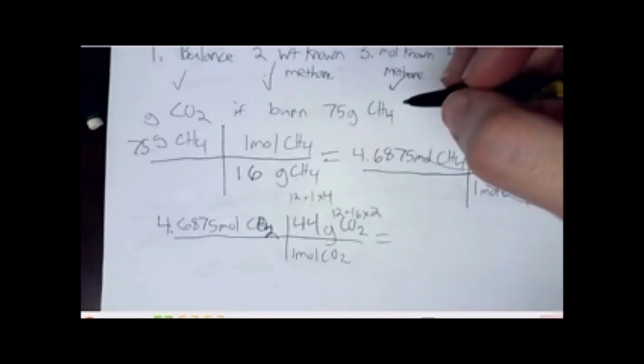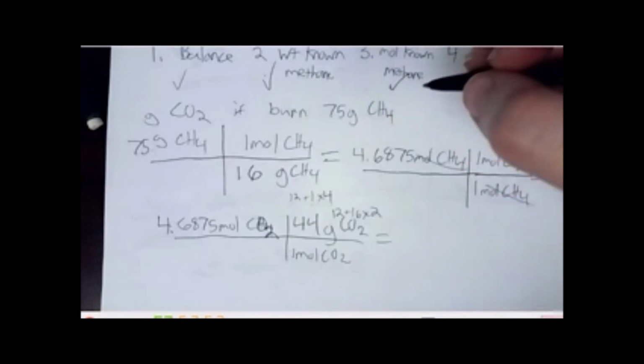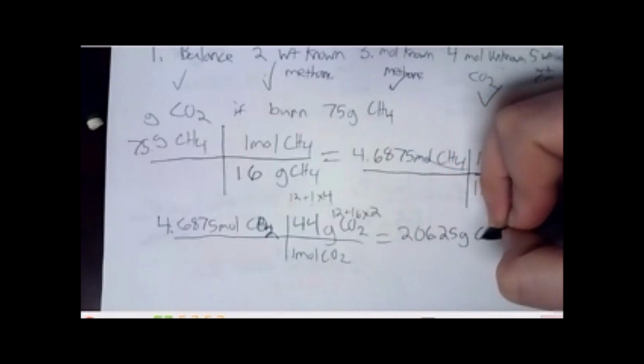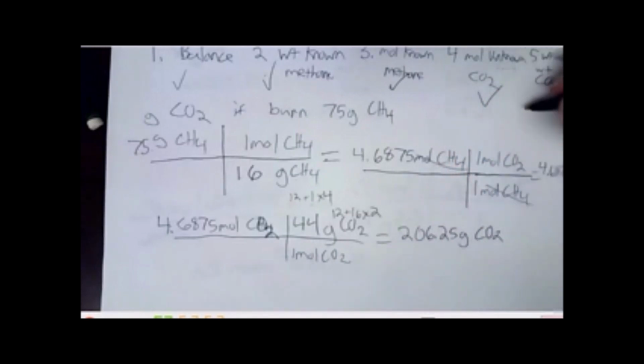That makes 32. 32 plus 12 is 44 grams. So we'd take our 4.6875, we multiply by 44, and we're left with 206.25 grams of CO2. That's our 5th step. That answers our initial question.